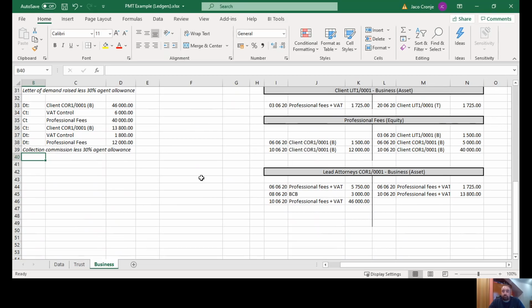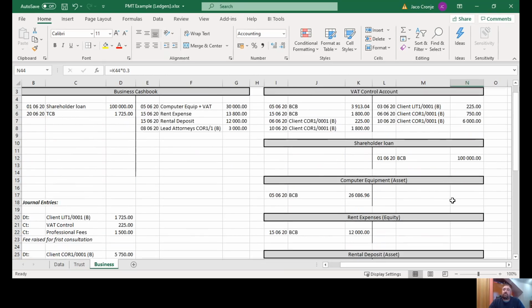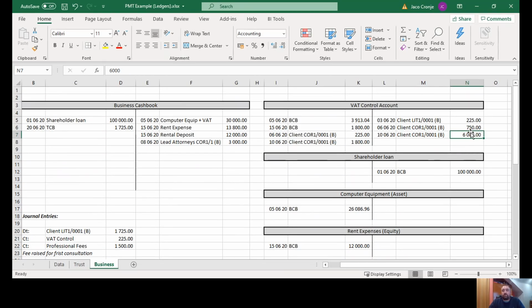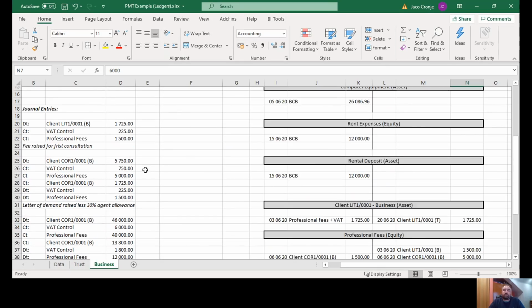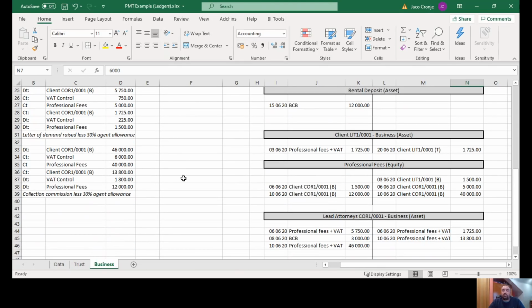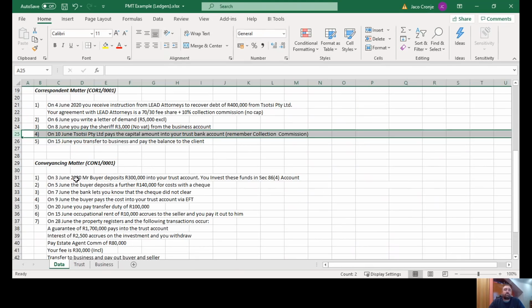Make sure you allocate each leg of all transactions, because the moment you miss one leg, for instance, the VAT, that will also throw out your control account here. The moment this is out, that will also throw out your final payment that you make to SARS, the receiver of revenue. So for every mistake that you make, you actually lose 3 or 4 marks because of that mistake. So make sure that you do catch each leg of all transactions.